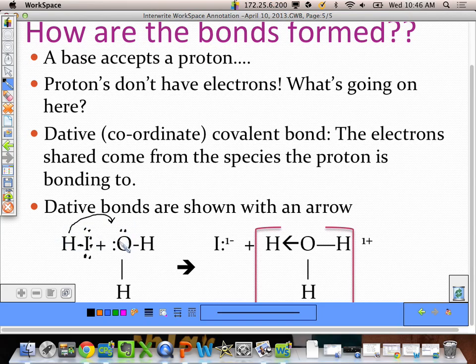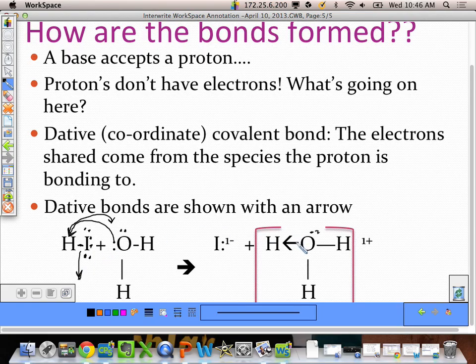Normally we would think of it that way, but it's not sharing anything. So we can think of it as, oops, get those 2 there. The oxygen says, hey, I've got this to share. Come on over, have some of my potato chips. So it shares its electrons with the hydrogen, breaking the bond between hydrogen and iodine.